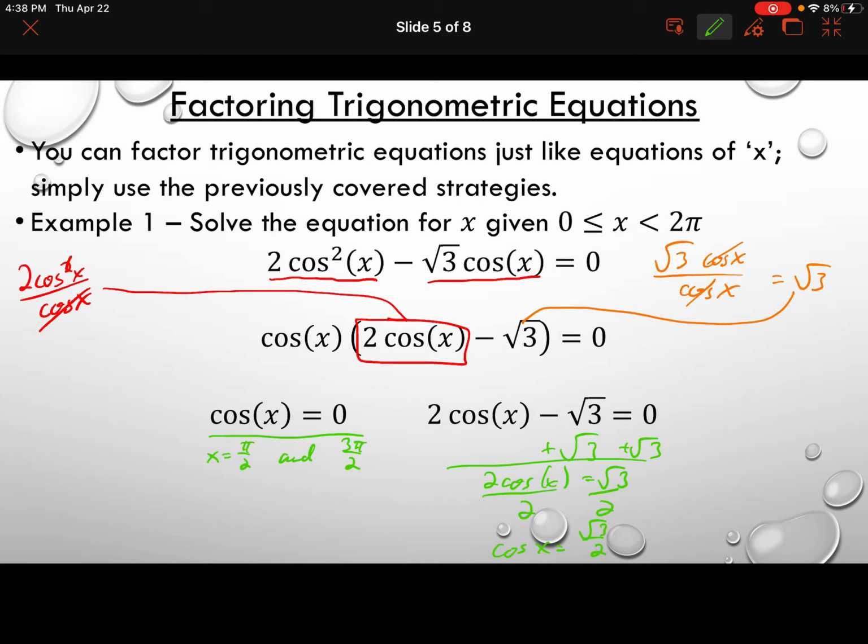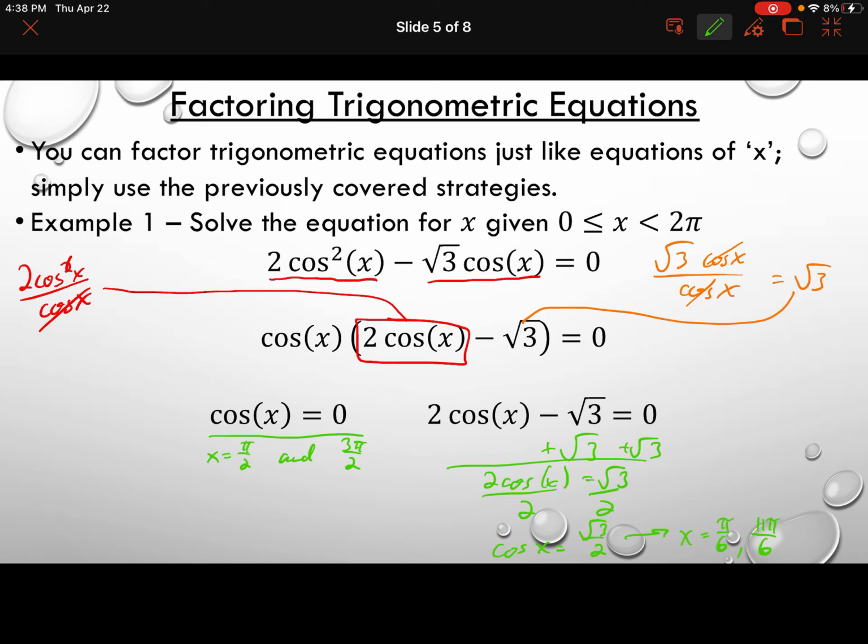If we look up the values on the unit circle, you would see that they happen at pi over 6 and, I believe, 11 pi over 6. Hopefully. At those two radian measures on the unit circle, the x values of the points are square root of 3 over 2, respectively.